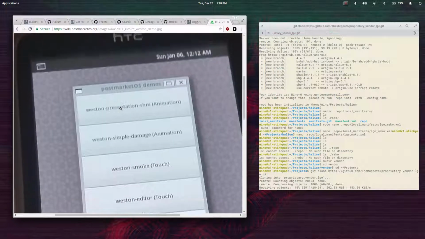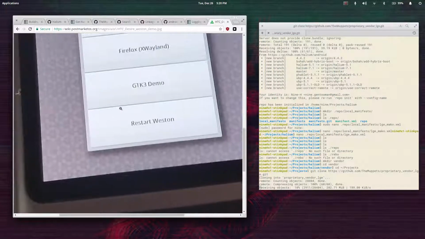But yeah, it's not really a mobile interface, is it?